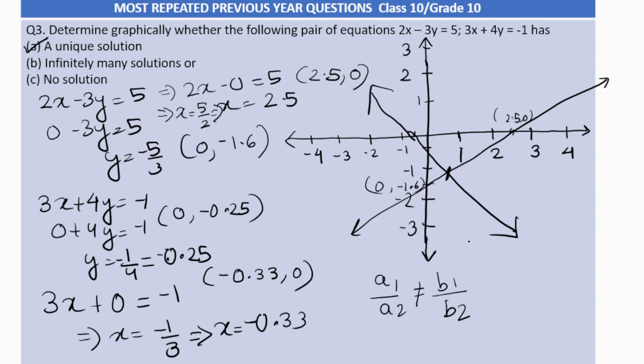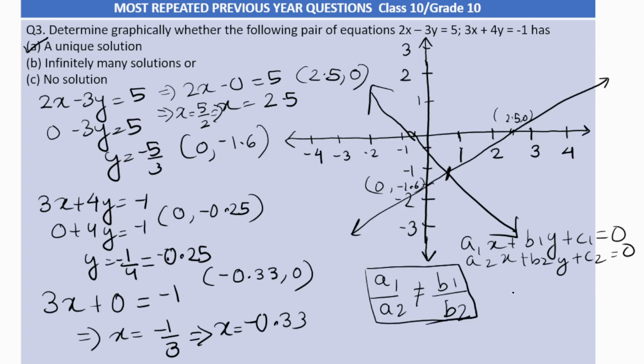What are A1, B1, and so on? A1x plus B1y plus C1 equal to 0 is the first equation. The second equation is A2x plus B2y plus C2 equal to 0. Then if A1 by A2 is not equal to B1 by B2, you understand immediately this is a unique solution. No need of wasting your time drawing a graph here, because you would have many other questions to solve.